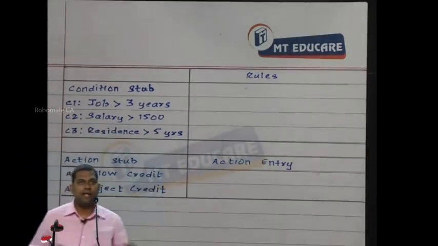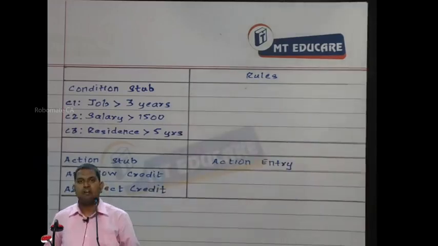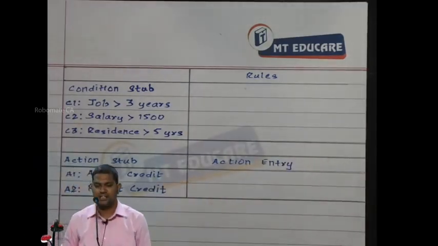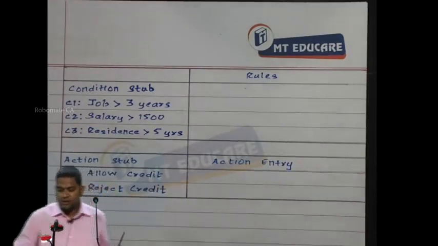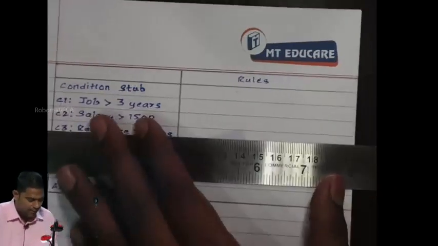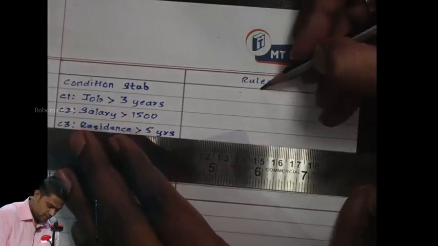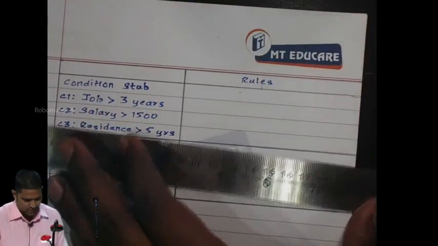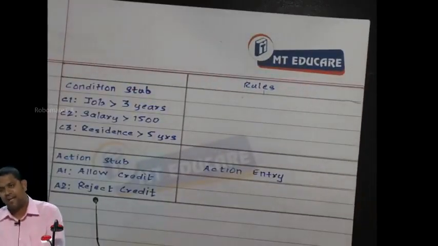Now, how many rules are there? We have just calculated 2 raised to the number of conditions. So 2 raised to 3 is 8. So I will be having 8 parts.